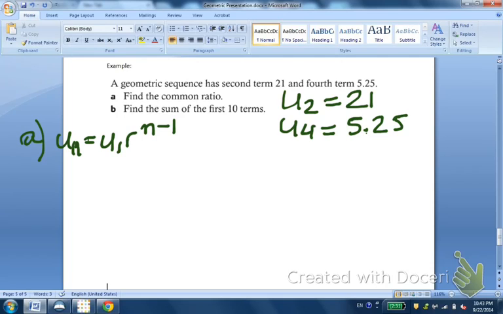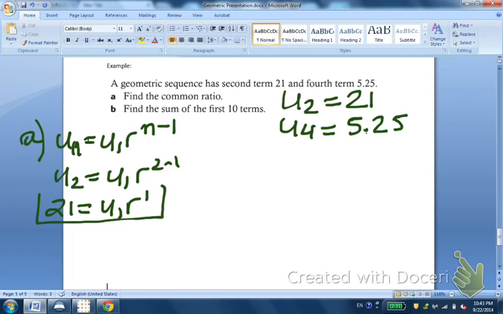Let's try it for u of 2. So we can say u of 2 is u of 1 r to the 2 minus 1. u of 2 is given to us, it's 21, so we can just plug in here. 21 is u of 1 r to the 1. Let's keep this.